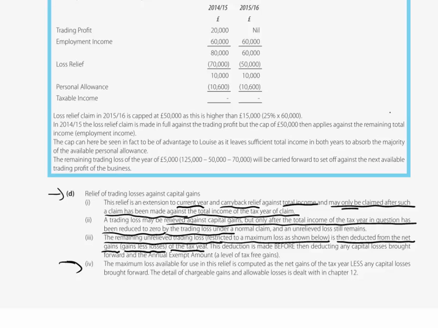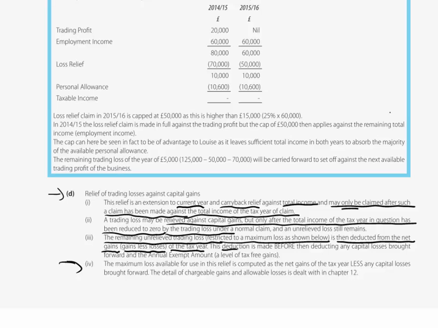Again, just like with income tax, we have a CGT liability in respect of a tax year. Same tax year, 6th of April to 5th of April, and we work out our chargeable gains on disposals, any allowable capital losses on disposals, and we net out to get the net gain for the year. And against that net gain of the year, we can now apply this extended loss, taking this trading loss and treating it as a capital loss of the year.